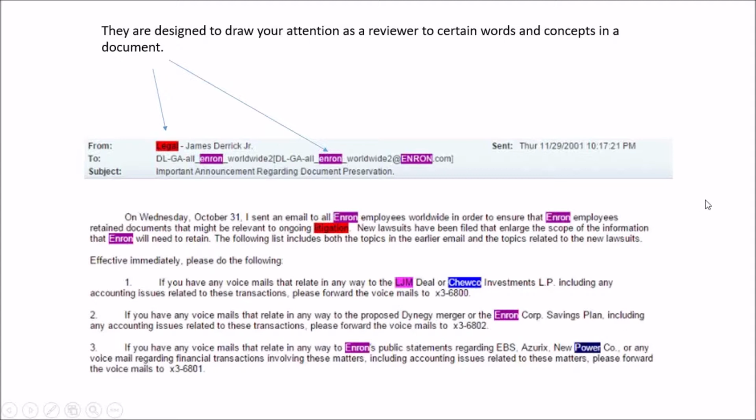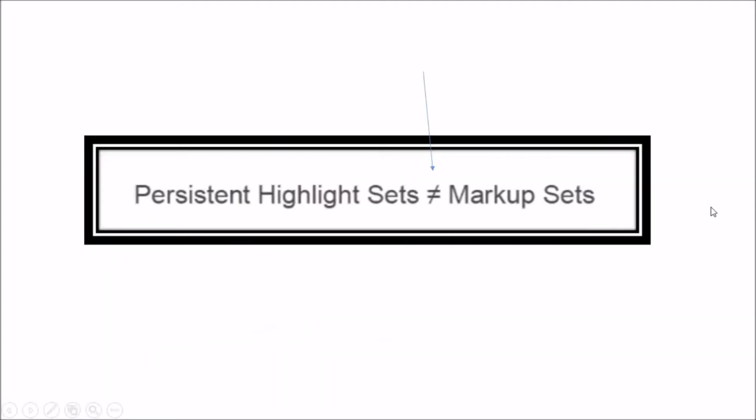Each one of those will have some relevance to your review process, those different colors, and you'll be given a color code by your case manager that indicates what the colors are calling your attention to. So the persistent highlight sets are not markup sets, and that's an important thing to keep in mind.